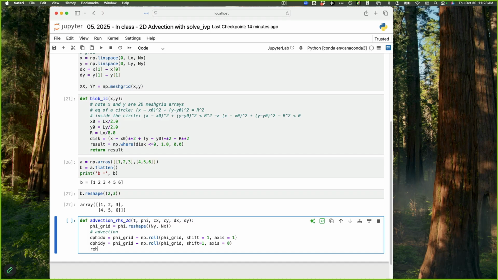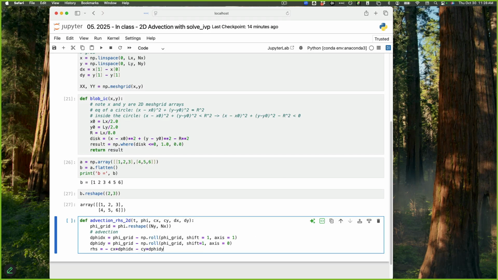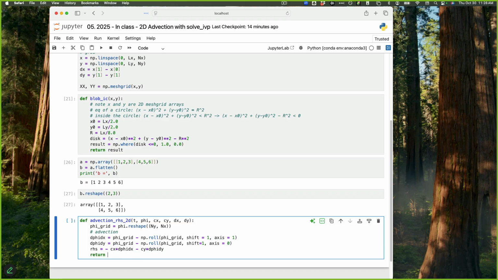And that's it. Right-hand side is equal to minus cx times d phi dx minus cy times, almost unbelievable, d phi dy. Now our right-hand side is a two-dimensional array. Now I need to flatten it to ship it back to solve IVP.